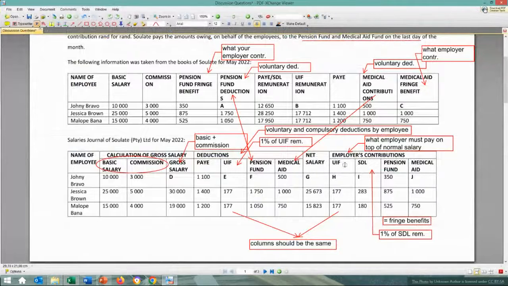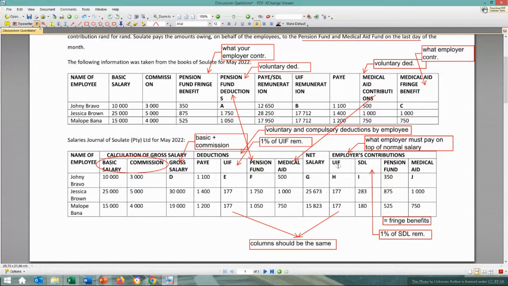Then we have to look at the employer contribution, so the UIF and the SDL. Because this is on top of your normal salary, we would take that to the UIF contribution and the SDL contribution, which is the expense account. The employer contributions will have a double entry, whereas these entries up to here would have a single entry because the one is debited and the rest are credited.